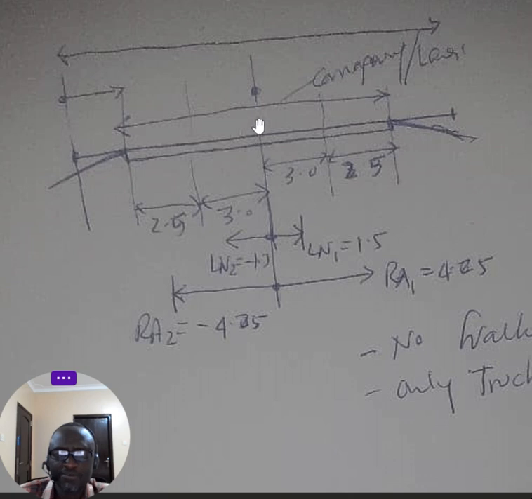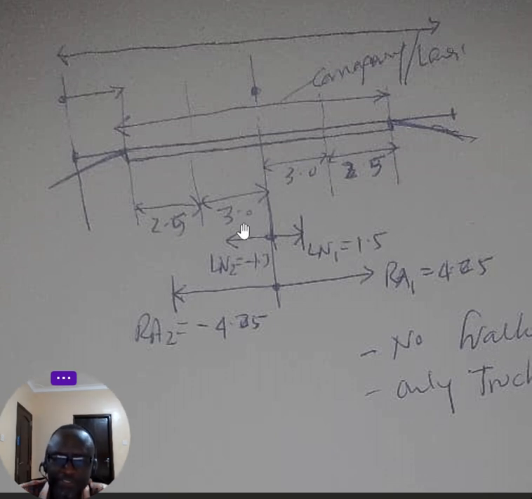So lane 1 is it. For lane 1, you measure from your 0 point to the center of that lane, which is 1.5 on the positive side. Then the center line of the remaining lane, which is 2.5, you add the 3 plus the half of that, which is 1.25, so that gives you 4.25 meters. That is what you offset. In the positive direction, you have 2 offsets.